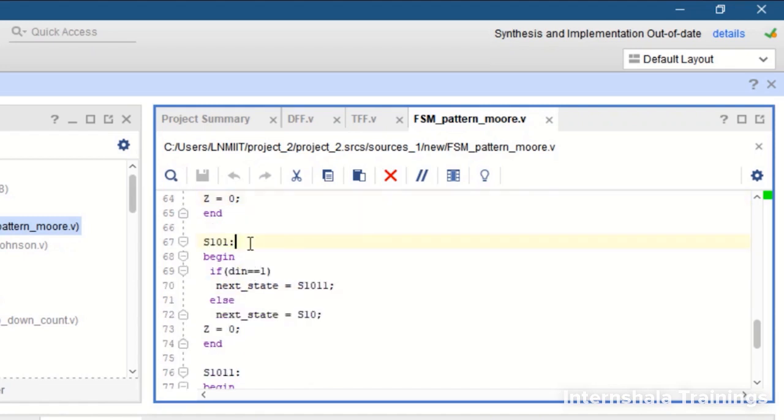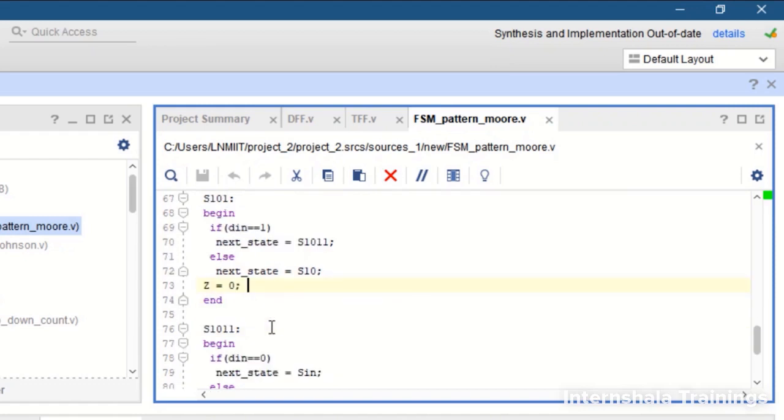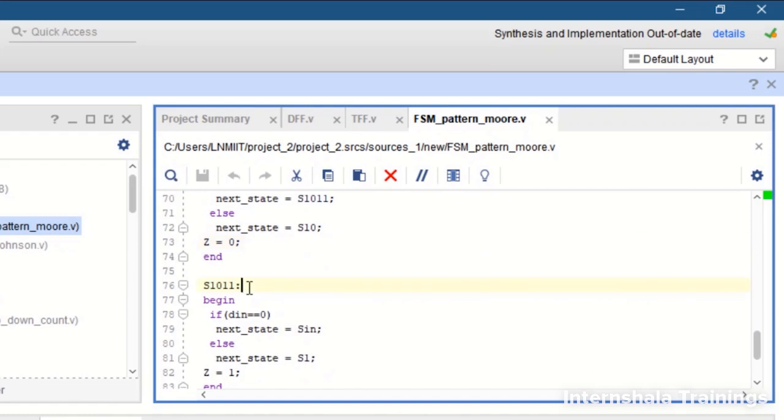In 101, if input is 1, we go to 1011, but if input is 0, then we go to 10. Output is still 0. In 1011, if the input is 0, we will go to S10, and if input is 1 we will go to S1. Output is 1 this time.